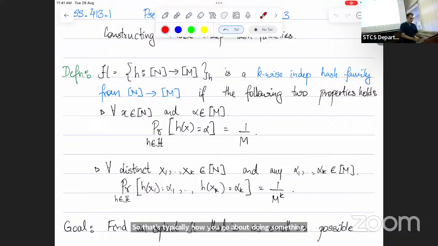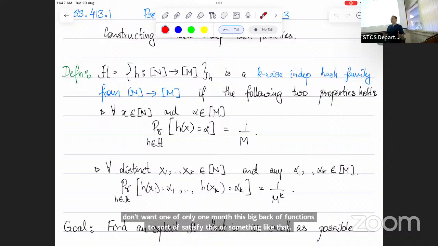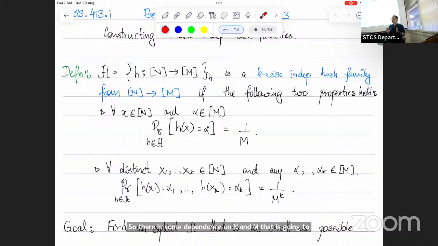But notice that the fact that you want a probability to look like 1 over m to the k immediately suggests that your bag must be of size about m to the k. Because you want only one among this big bag of functions to satisfy this or something like that. So there is some dependence on n and m that is going to show up. And at the moment, it's unclear what sort of dependence on n and m is going to show up.